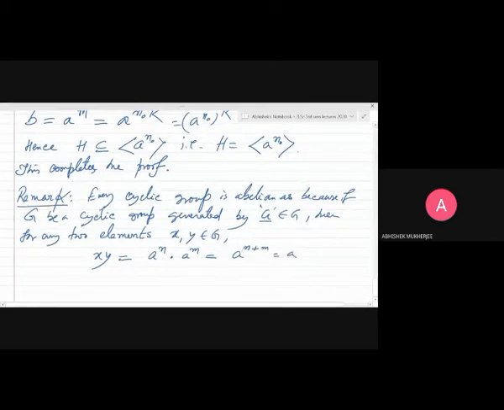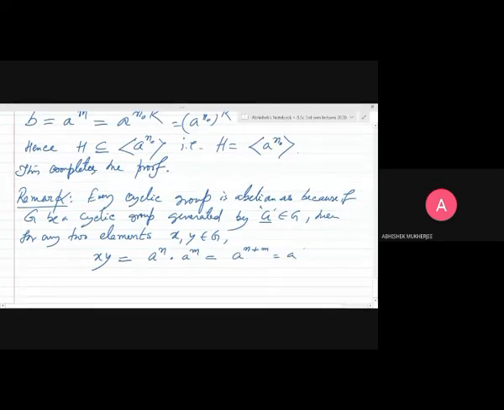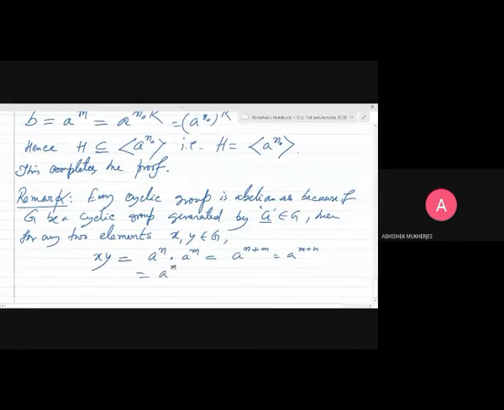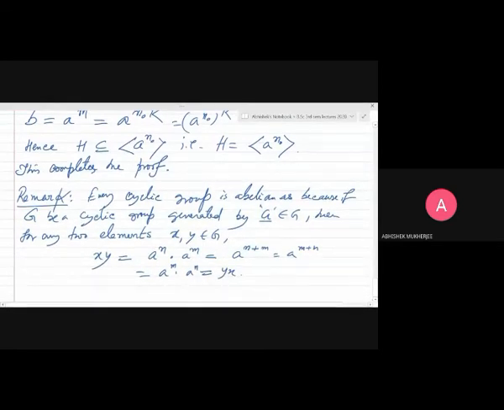Then n plus m and m plus n are the same because Z plus is abelian, right? So therefore it is a to the power m, a to the power n, and it is yx. So hence every cyclic group is abelian.